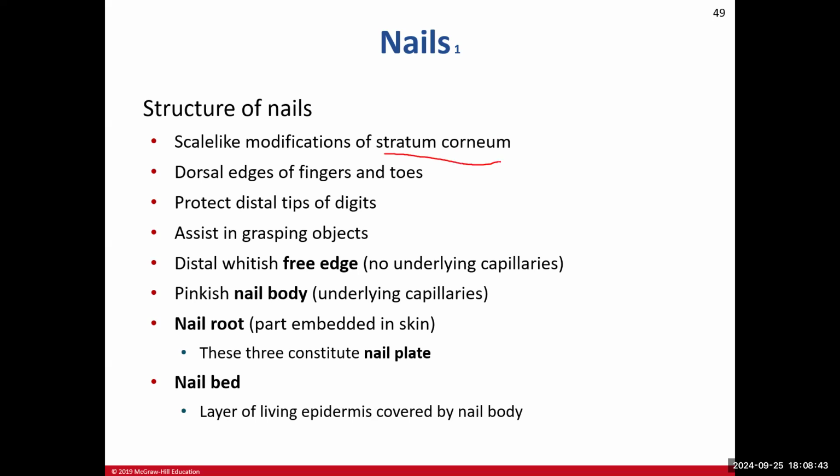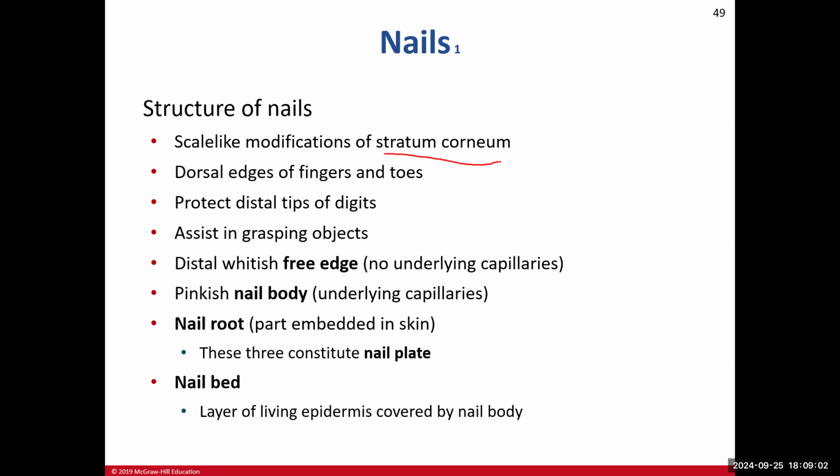Right? And so your nails essentially will come from the outermost layer of your epidermis. But obviously, your nails are a lot more rigid and stiff. So there are some modifications that took place for that tissue there.